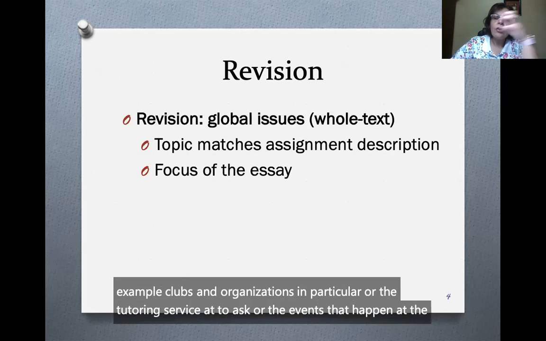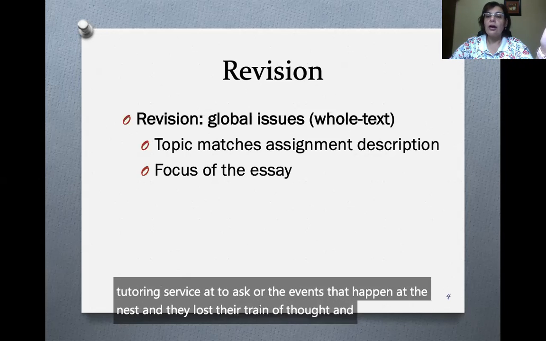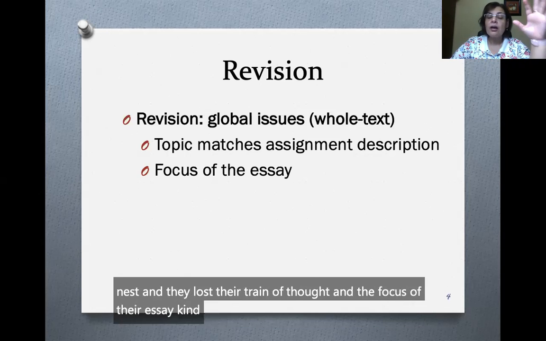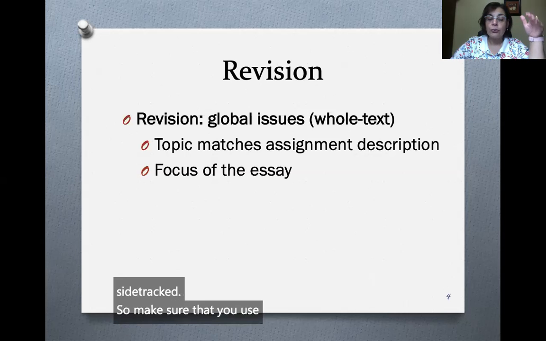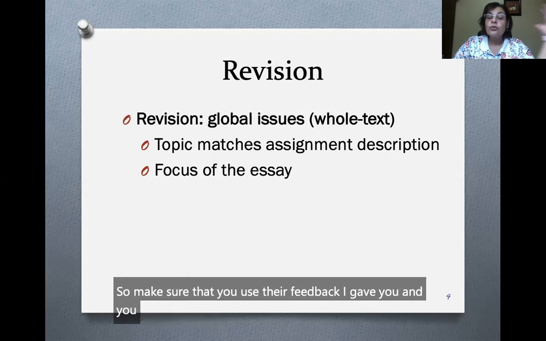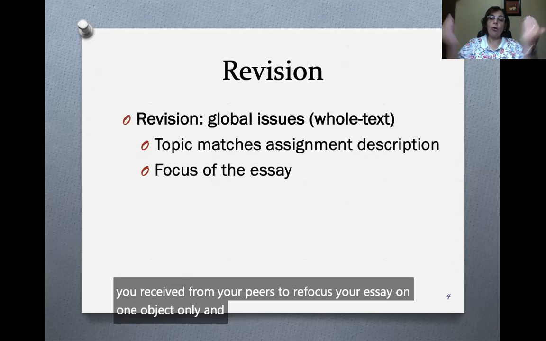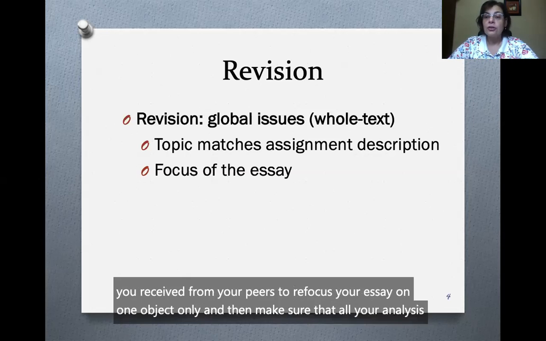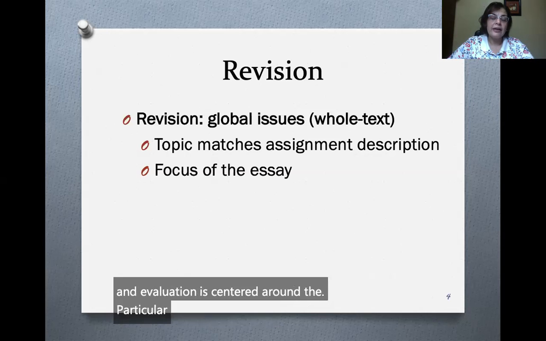And you lost your train of thought, and the focus of your essay became loose because you went sidetracked. So make sure that you use the feedback I gave you and you received from your peers to refocus your essay on one object only, and then make sure that all your analysis and evaluation is centered around that particular focus.